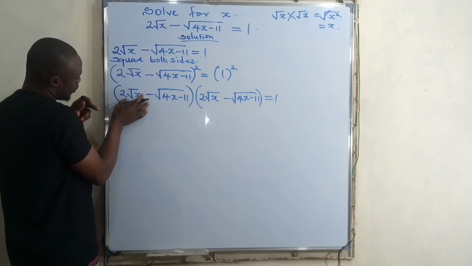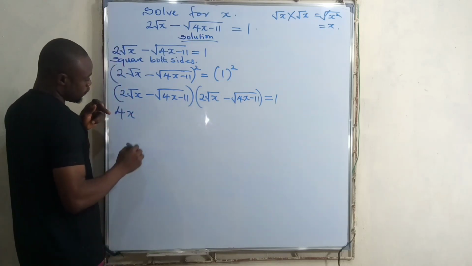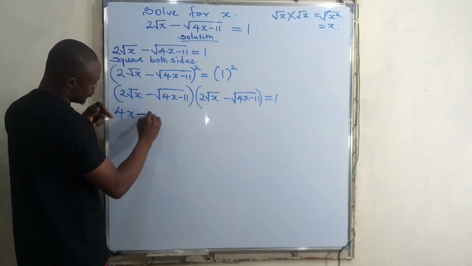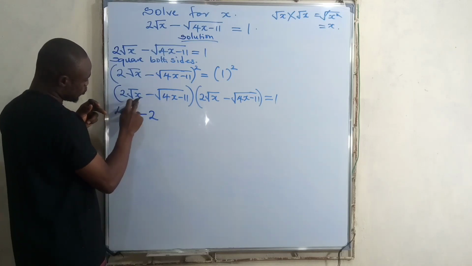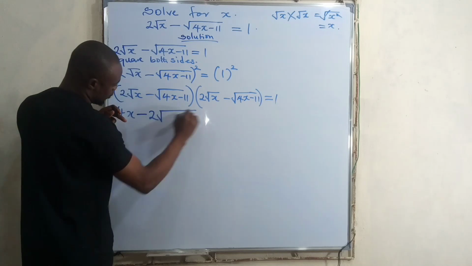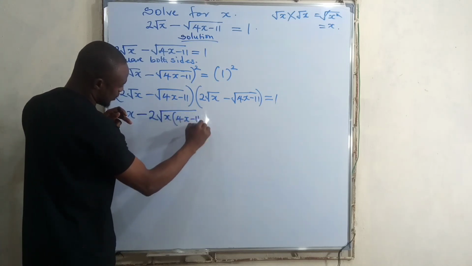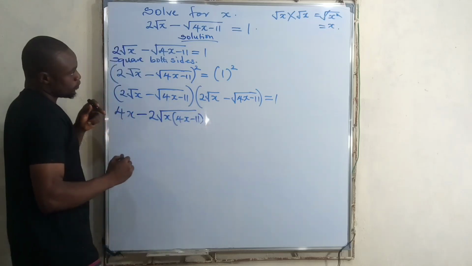So 2 root x multiplies the second term in the second bracket, minus that. So we have minus 2. So the roots multiply themselves, and we have the root of x open bracket 4x minus 11 close bracket.